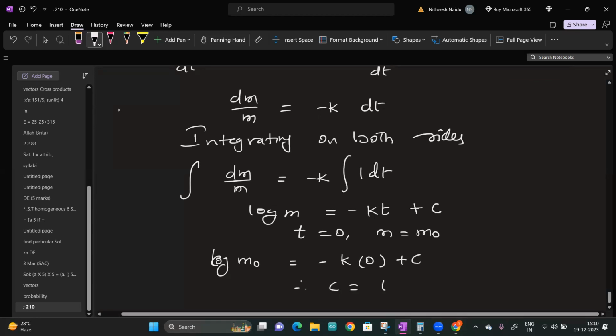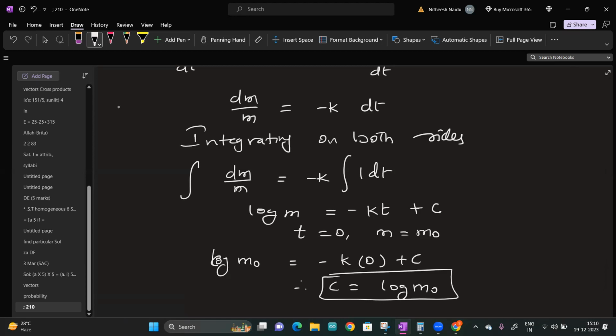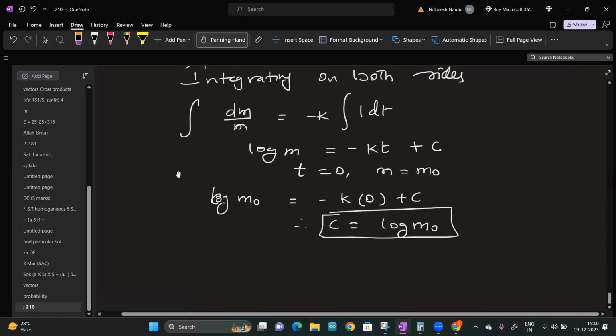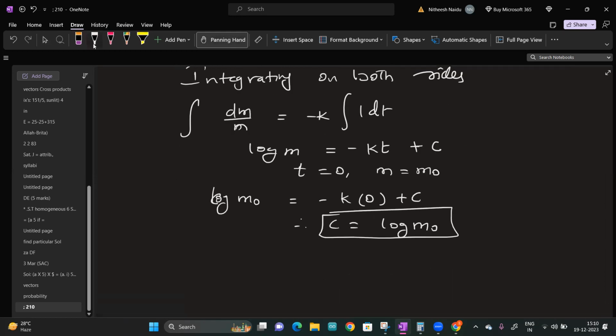Therefore, c is equal to log m naught. After getting this c value, we will substitute it in the equation. Every question, the process will be the same, so you can practice 2 or 3 times and you will understand these problems.